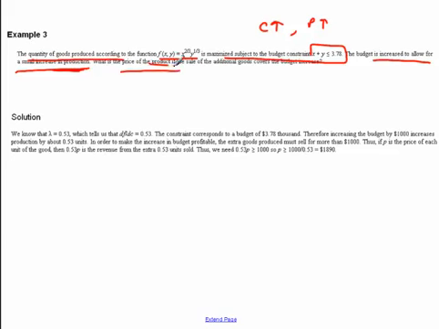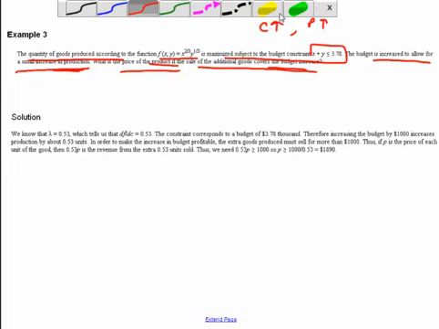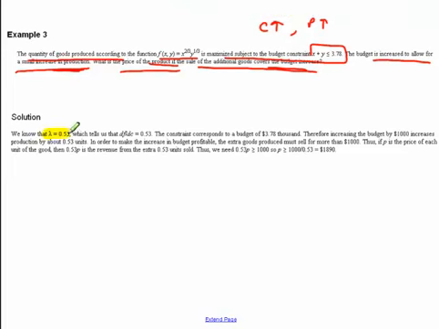What is the price of the product if the sale of the additional goods covers the increase? Well, interpreting our lambda as we understand it, lambda, which is 0.53, tells us that a change in my budget will result in a 0.53 increase in the change in production.